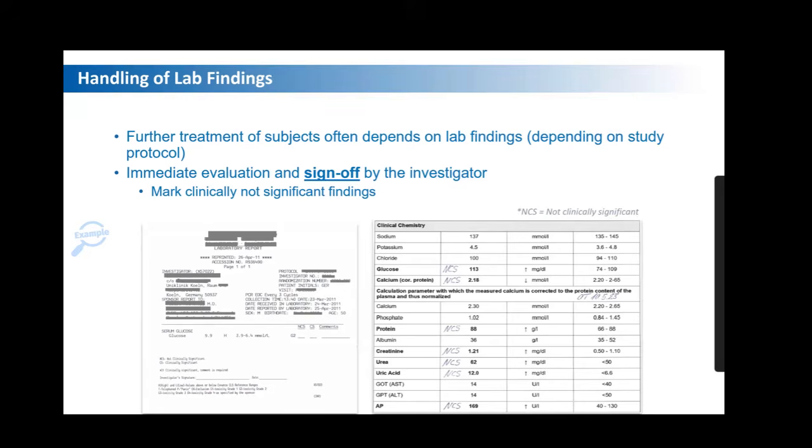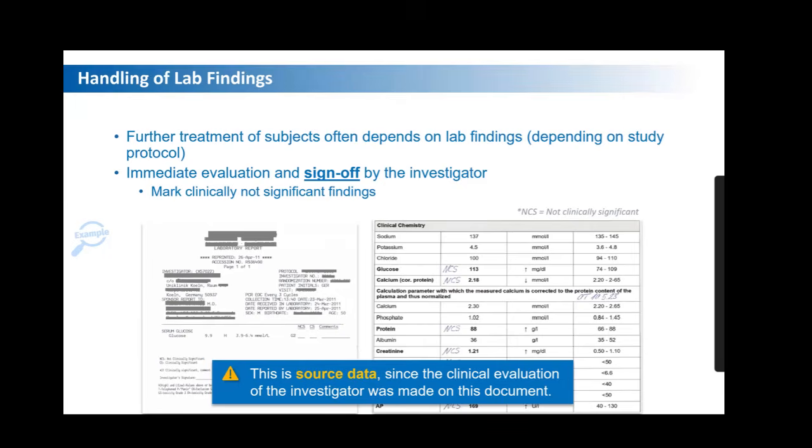As the lab values may represent some important findings or events that happen in a subject, the NCS, not clinically significant, is very important information that has to be added on these lab finding documents. And because the clinical evaluation of the investigator is directly done on this document, this is considered source data. So please keep in mind that you have to file it accordingly.